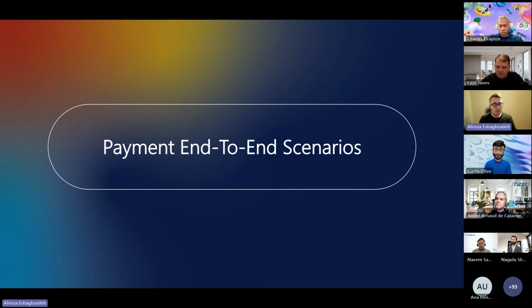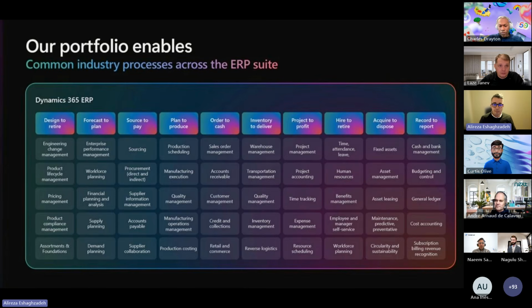Basically, I start with the payment end-to-end scenarios, which are familiar to the ERP family here. Microsoft has defined the end-to-end processes in ERP solutions, and there are three scenarios applicable to the payment process. The first one is source to pay.